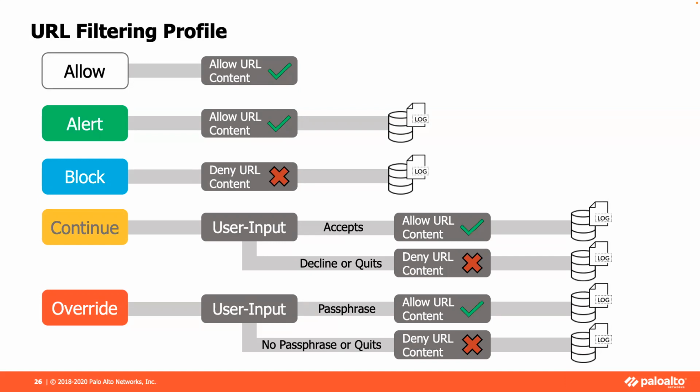There are some different categories that you don't necessarily want to block, but you want to know what's going on. Or maybe you're deploying this brand new and you have no idea what sort of categories you want to allow or block. Well, alert on everything. Then you can kind of look through this stuff and figure out what to do.